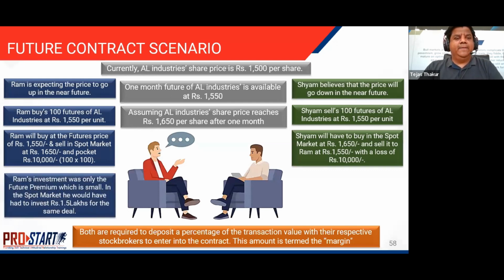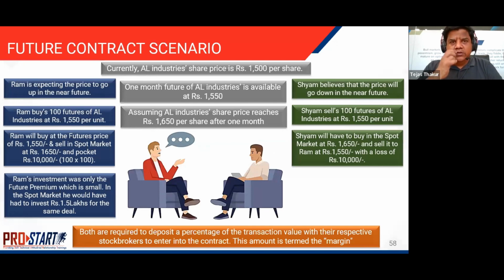One important thing again: Ram's investment was only the future premium, which is small. In the spot market, he would have had to invest 1.5 lakhs. So understand, if he had not entered into this agreement of futures, he would have to buy 100 shares at the rate of 1,500, so 1,50,000 is the amount.